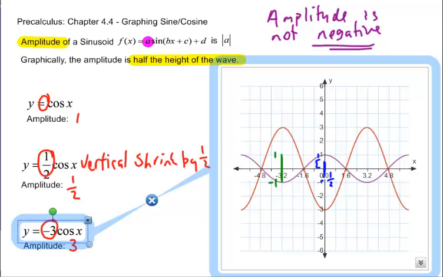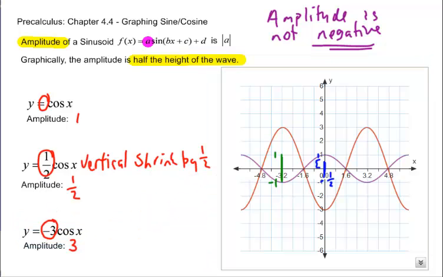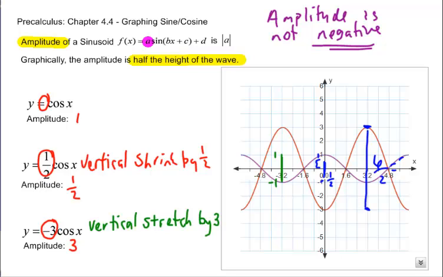So look at this guy. What happened here? Well, we've got a vertical stretch by 3. Notice that the height of this guy gets all the way up to 3 and all the way down to -3. So there's 6 units right here, and half of that is 3. It's not -3.